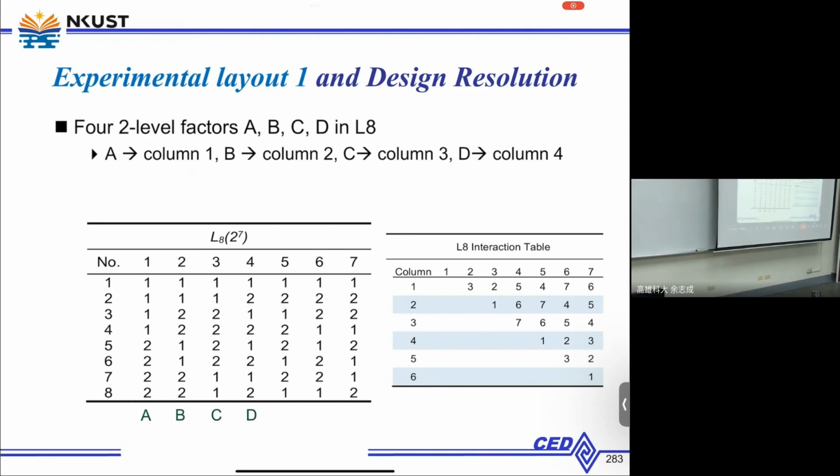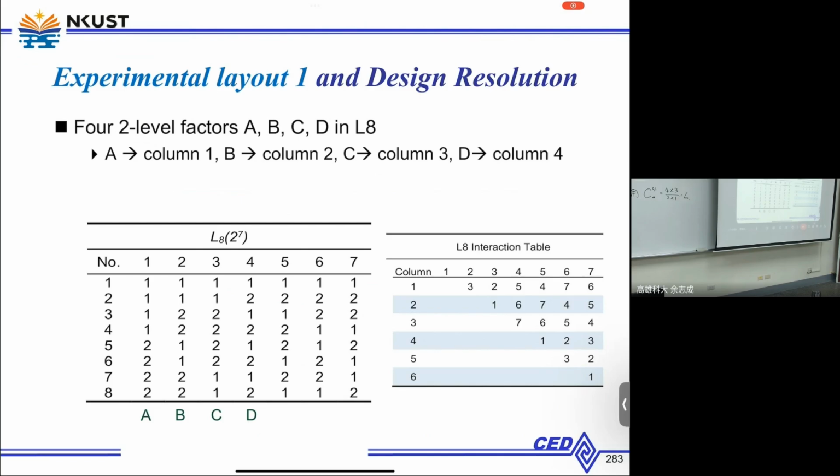Since there are 4 control factors, A, B, C, D, for two-factor interaction there will be the combination 4 choose 2, which means that you need to find out 6 two-factor interactions.